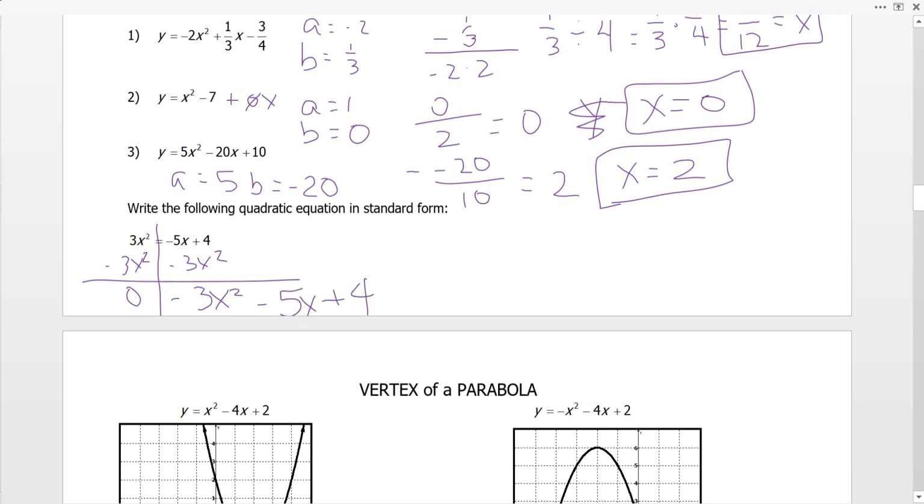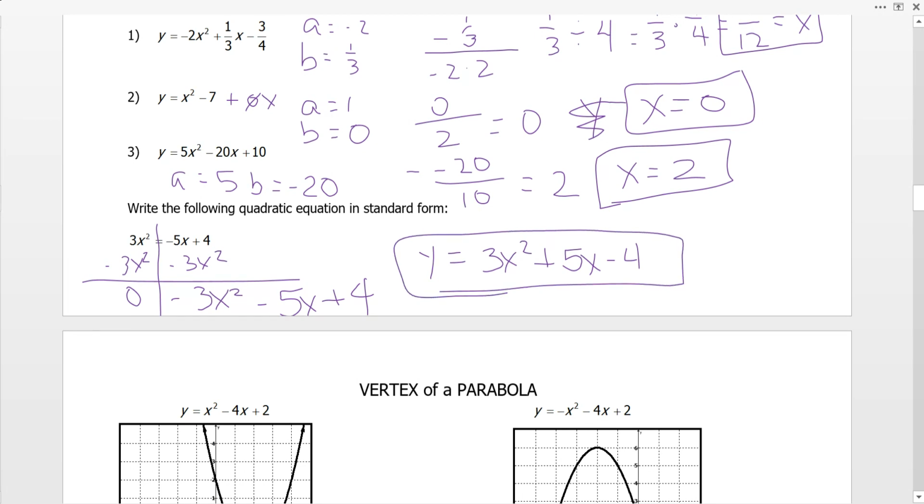Remember me saying stuff about we don't really like having a negative in front. We do sometimes, but I'm going to go ahead and multiply everything through by a -1. I'm going to change all the signs, and I'm going to have 3x squared plus 5x minus 4. So there's our equation in standard form. A equals 3, B equals 5, C equals -4.